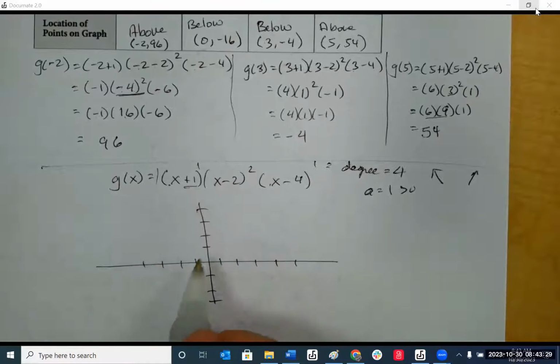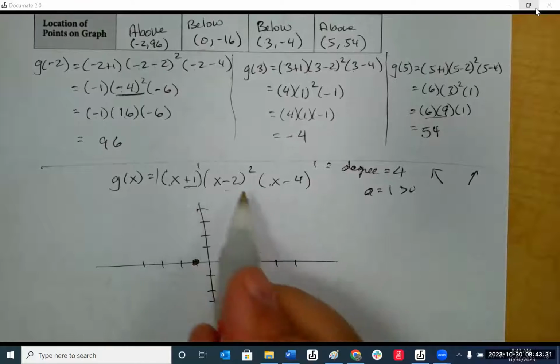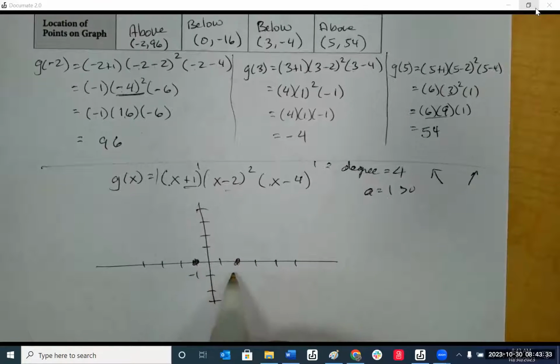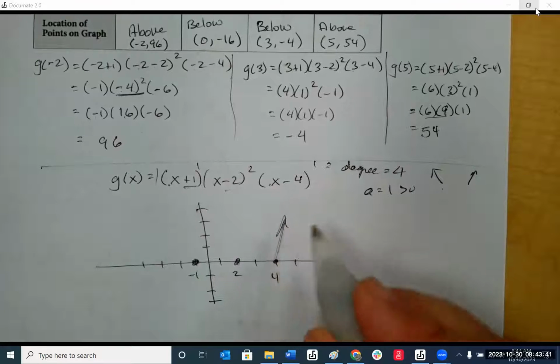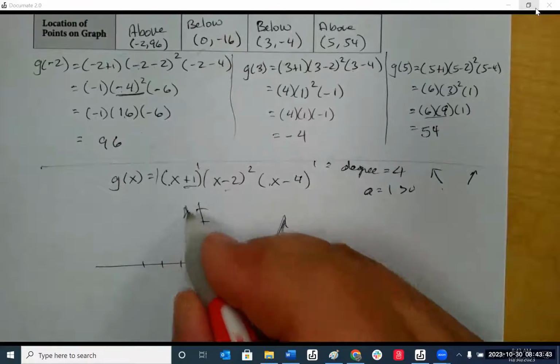We know we have an x-intercept at -1, at +2, and at +4. The end behavior, out of the end points, they have to go up.